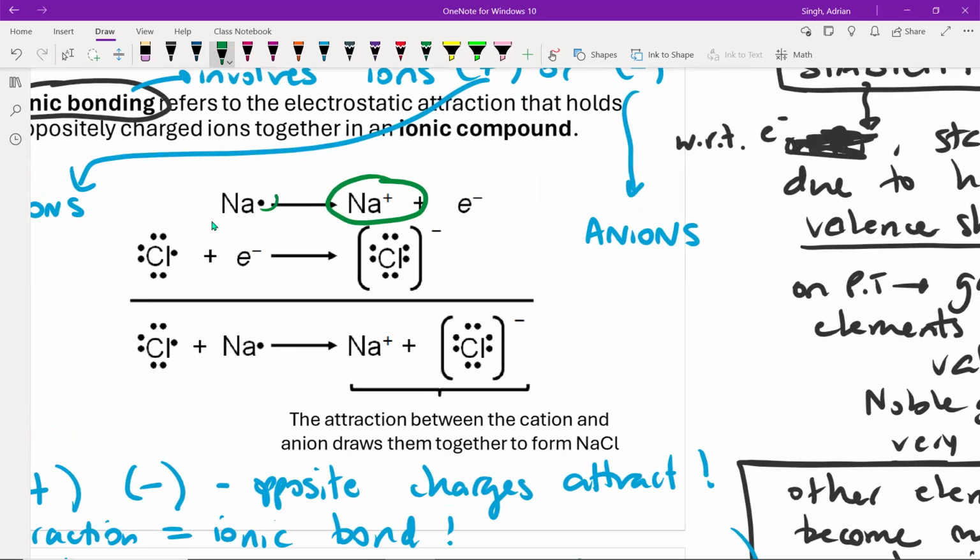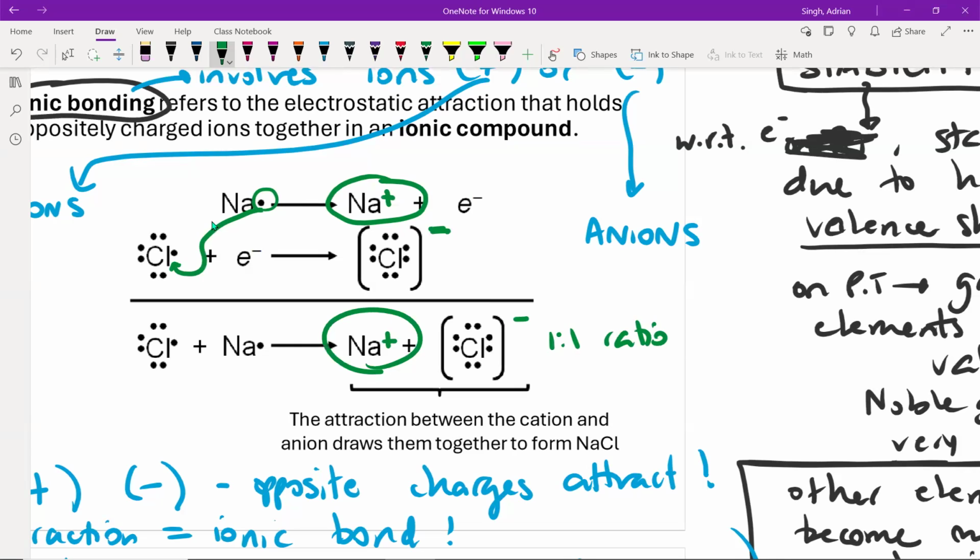That electron that is lost can be gained by something that needs it, like chlorine. So the chlorine can accept that one electron to complete its valence shell. When it does so, it adopts a negative charge. Our sodium had a positive charge. Our sodium now and our chloride ion can combine in a 1-to-1 ratio.